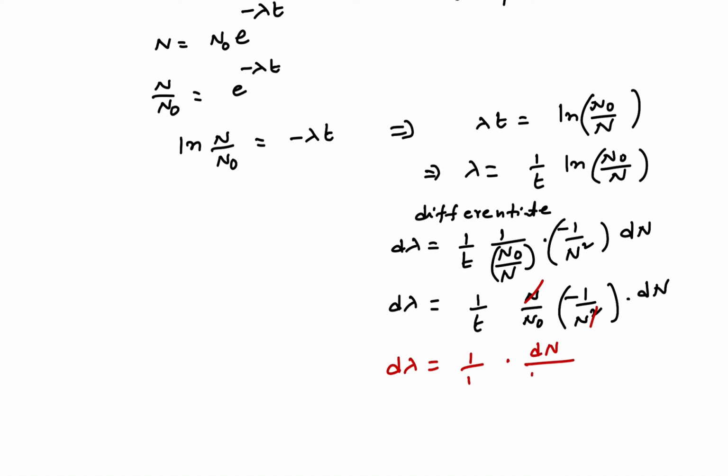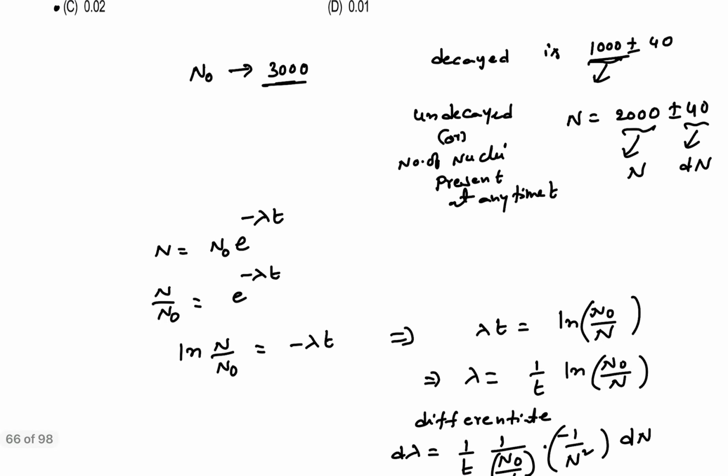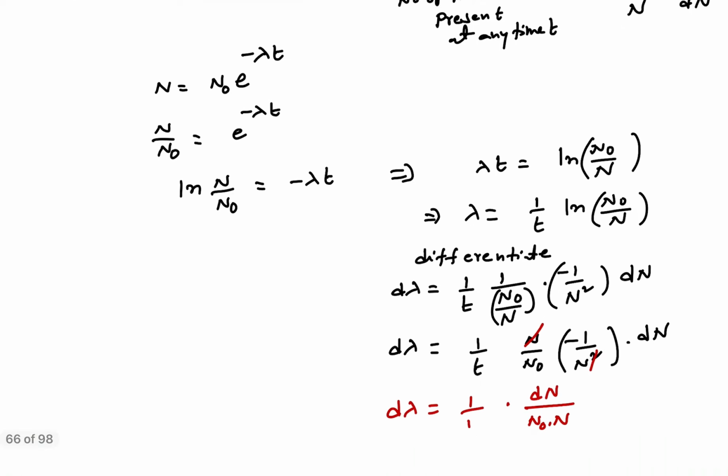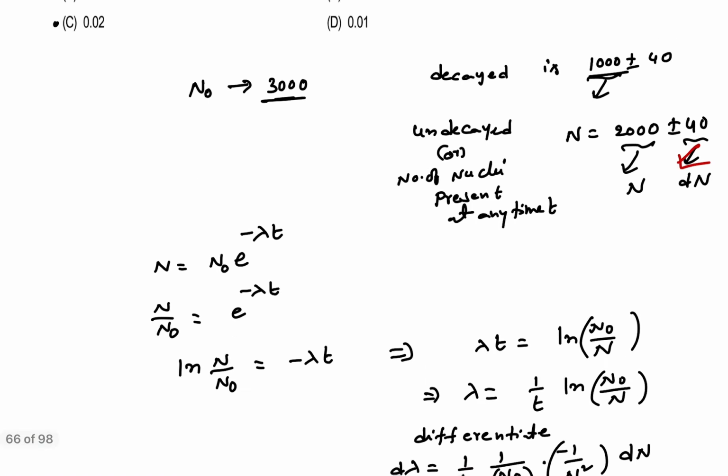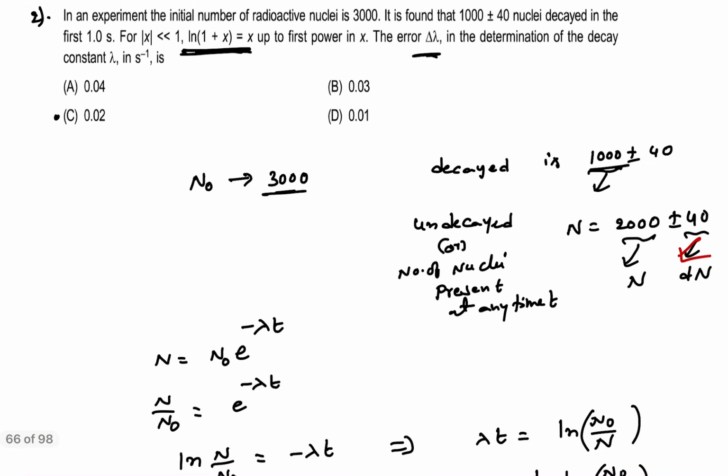N and N get cancelled. Now finally you can write d lambda value as 1 into dN divided by N naught into N. Just observe this. According to the question, N value I have written and dN value is given. How much is dN here? dN is 40.